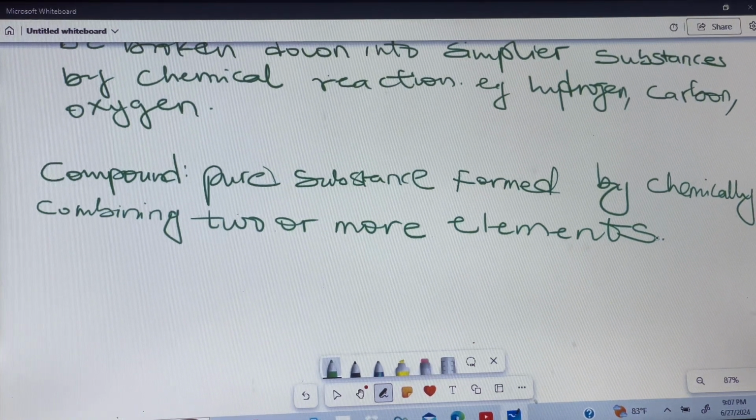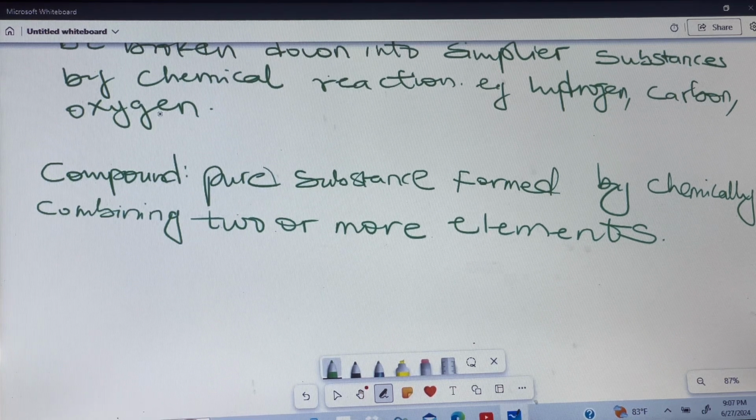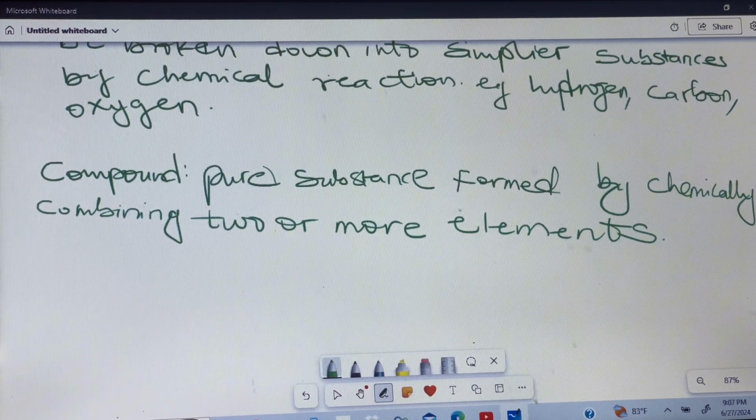So if we combine hydrogen and oxygen, water is formed. If we combine carbon and oxygen, carbon dioxide is formed. So that's chemically combining, because they can only be chemically combined for a compound to be formed. So, example.